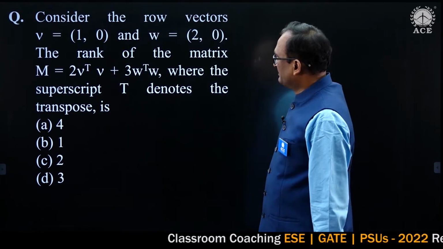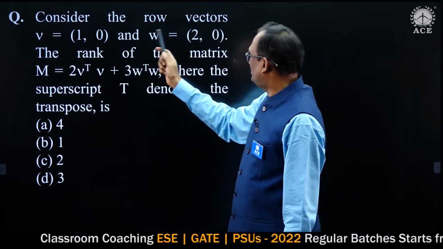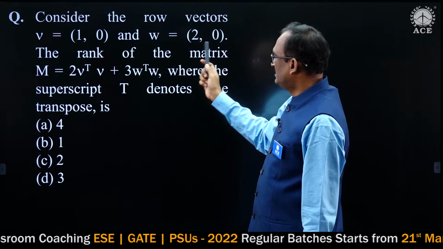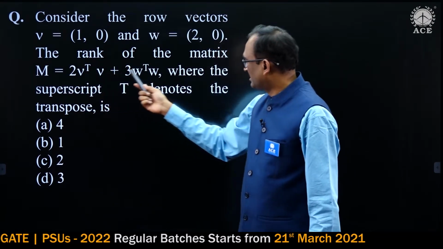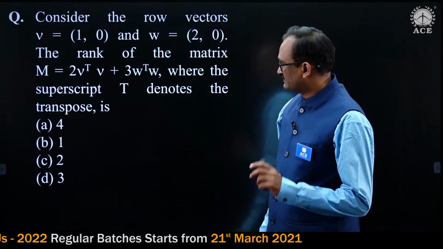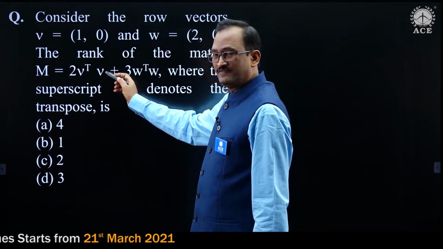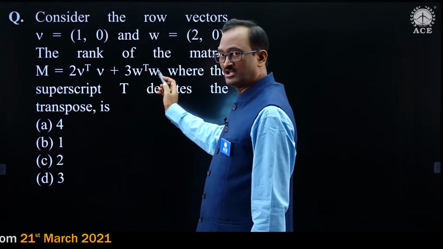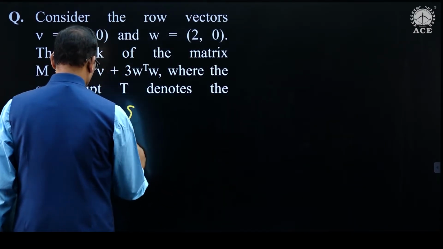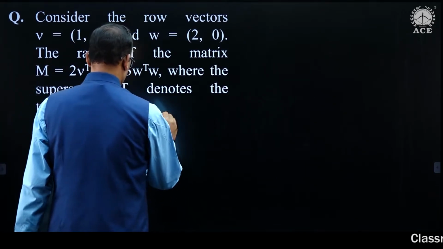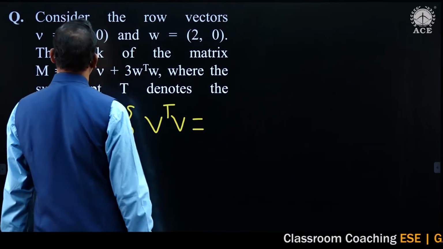Read the given problem. Consider the row vectors v is 1, 0 and w is 2, 0. We were asked to find the rank of this particular matrix. Okay, let us find, first of all, V transpose into V followed by W transpose into W. What is V?